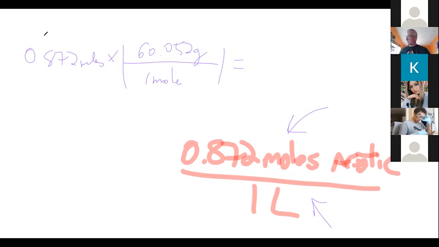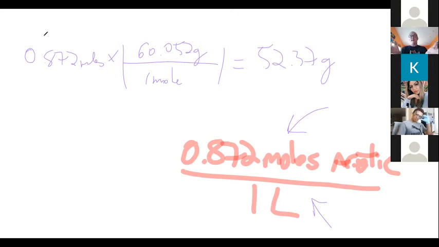So I multiply those together, 0.872 times 60.052. That gives me 52.37 grams. So that's my numerator, 52.37 grams. And I'm doing it for a liter because it just makes the calculation easier.